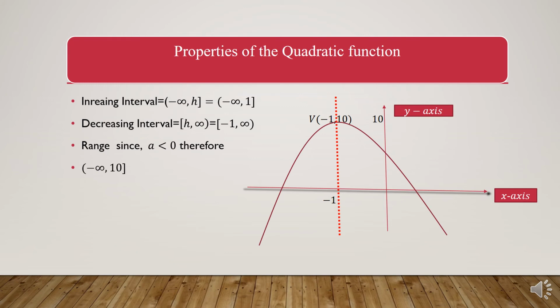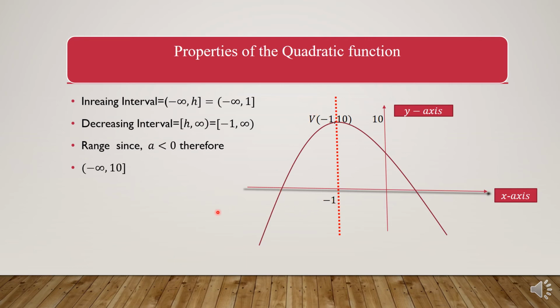The last question was, what is the increasing interval? Okay, this is the increasing interval, which is minus infinity to h, and it will give us minus infinity to minus 1. Let me show it from the graph.